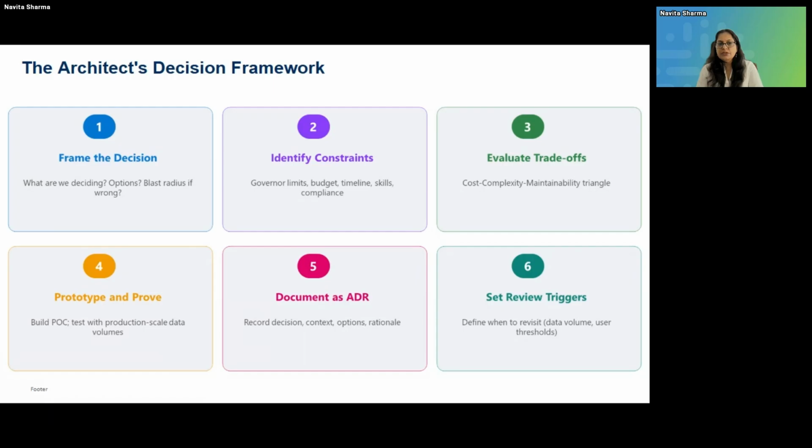Identifying constraints. Till now we have understood that constraint is not a problem. It is rather the architect's playground or working area, where within that constraint you have to build something, right? So whenever you are making a decision, call out all the constraints before you say this is what I want to do, because whatever you choose, X, Y, Z, everything will have pros and cons.